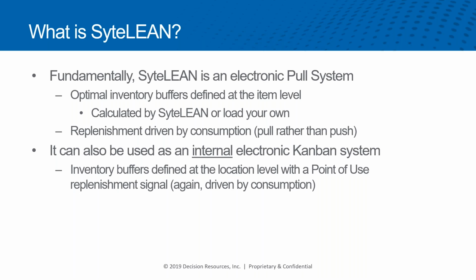Unlike MRP or APS, we also provide a tool to replenish specific inventory locations, to study those locations for their usage, their deviation, and calculate buffers at point of use locations.